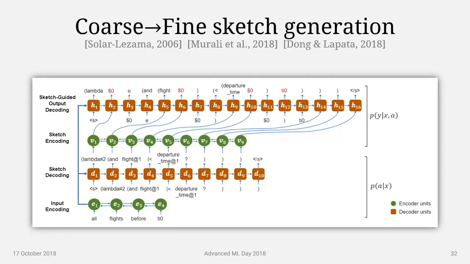Another good way to use insight from the programming languages world is, I'm going to illustrate this on the same problem of taking language and outputting SQL or something like SQL. But we are going to talk about sketch generation.